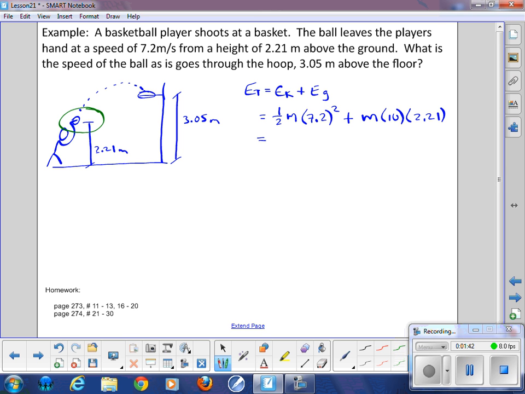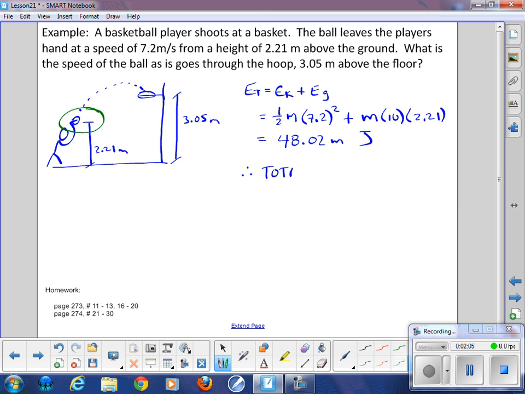With that m in there, we're just carrying the m through: 0.5 times the 7.2 squared plus 22.1. So we end up with 48.02 m joules of energy.